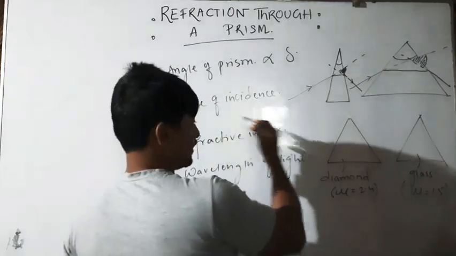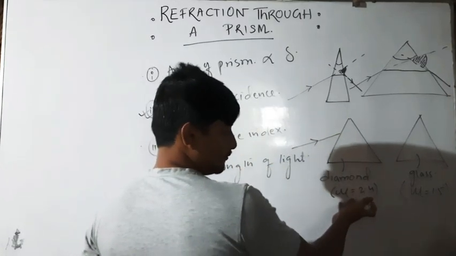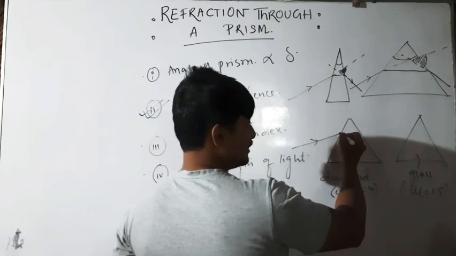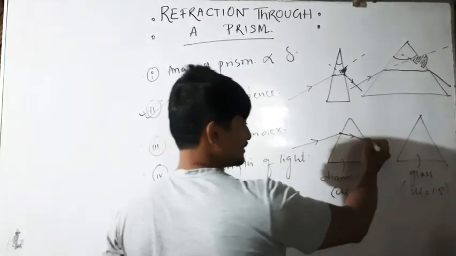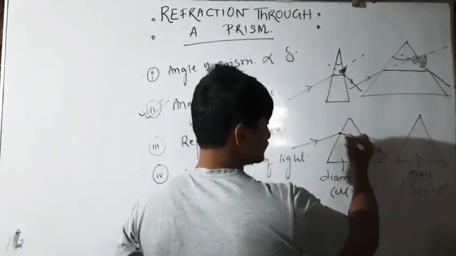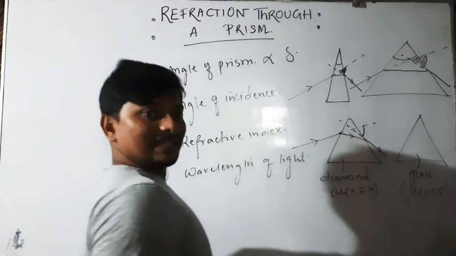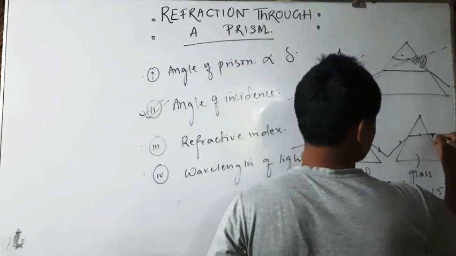So whenever light enters this prism, in diamond the refractive index is much greater, isn't it? So it will be greatly bent, and so the angle of deviation that will be formed will be greater, whereas in glass the angle of deviation is very less.